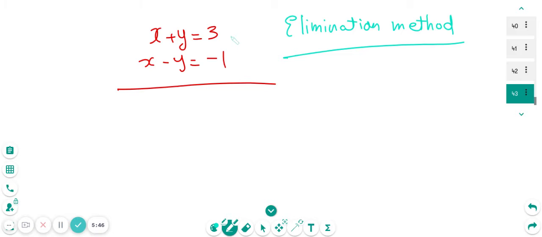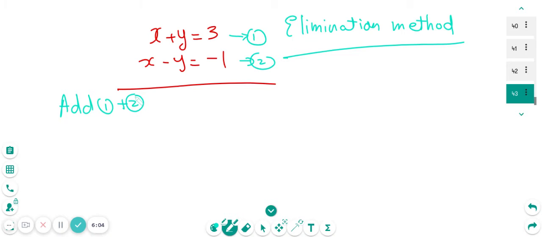So let's take this as equation number 1, and we have equation number 2. When we have equation 1 and equation 2, we can try to eliminate one of the variables. What we are trying to do right now is add 1 plus 2.